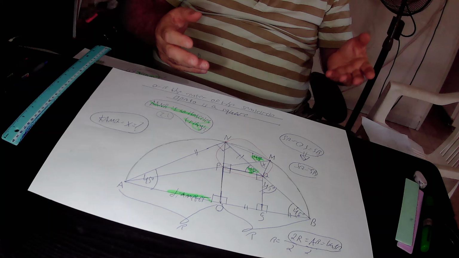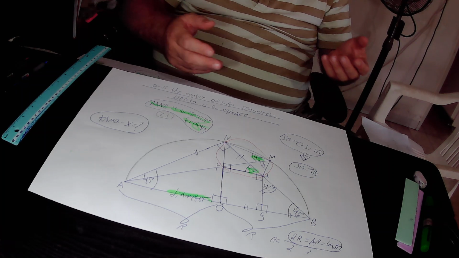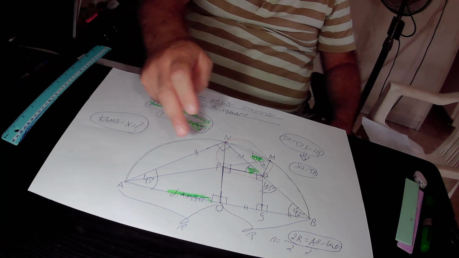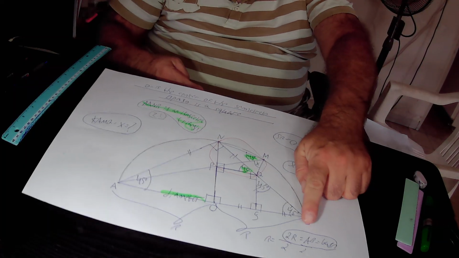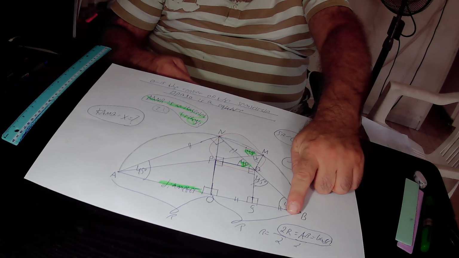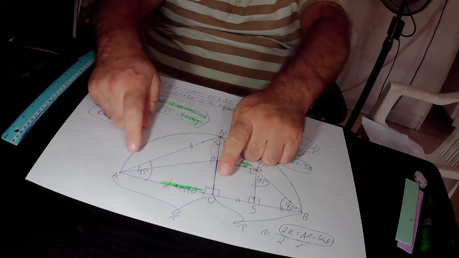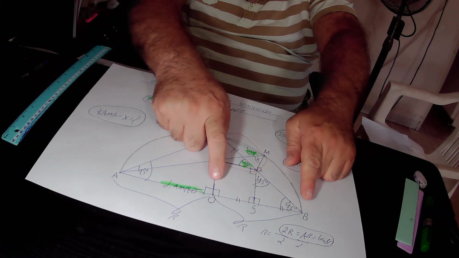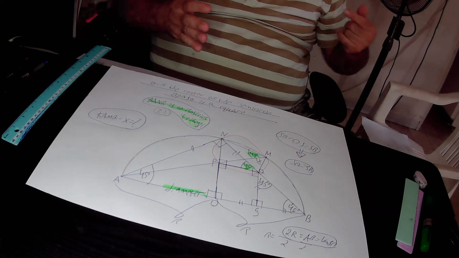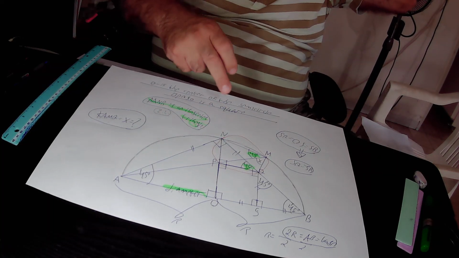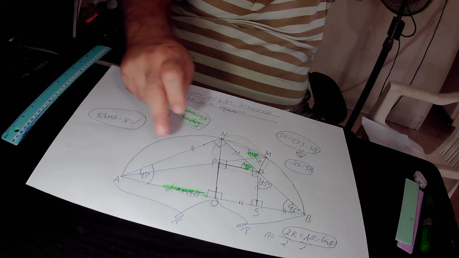It divides the base AB into two halves, each equal to AB over 2, which is 2r over 2, which is r. So the first half equals r and the second half also equals r. The question is where the perpendicular from point N will touch the base AB.